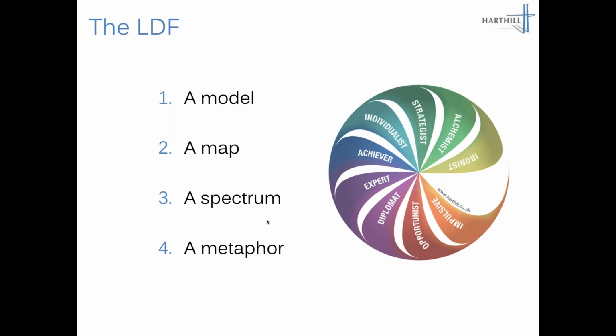And it's also a metaphor because every model attempts to tell a story about some aspect of reality, but can't necessarily say that it's talking about the territory. It's talking about some kind of reality, but using a metaphorical language and a number of frames of reference. So the LDF is a number of different things. And fundamentally, it's an approach. It's an approach to thinking about development through a meaning-making lens.